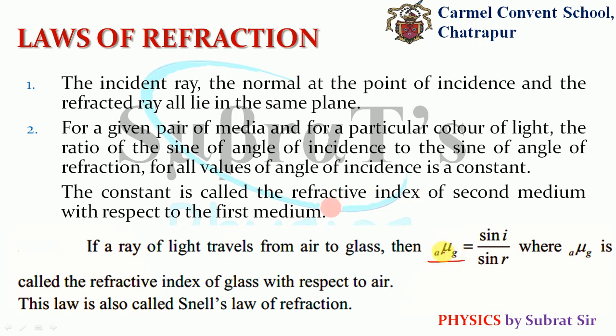Here aμg means the refractive index of glass with respect to air, which is equal to sine of the angle of incidence divided by sine of the angle of refraction. This is the mathematical form of the second law of refraction.